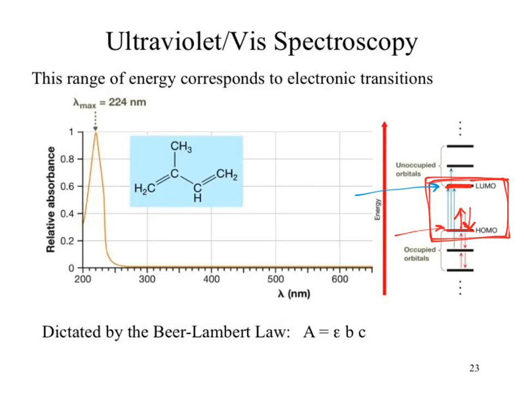Interesting thing to talk about as far as materials go. The electrons in our highest occupied molecular orbital are sometimes referred to as the valence band. Anything up in our LUMO is typically referred to as our conduction band. Where is that important? LEDs, solar panels.